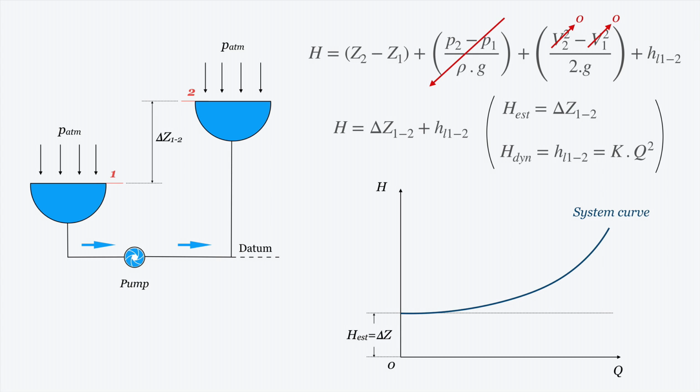We can draw the system curve. Why does this curve have this shape? Because what we are adding to this curve is the dynamic part of the head that changes with the flow rate, with the square flow rate. So we have this quadratic equation.